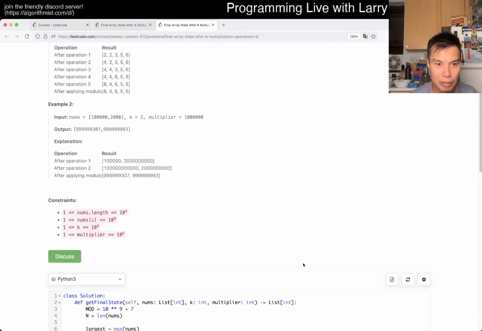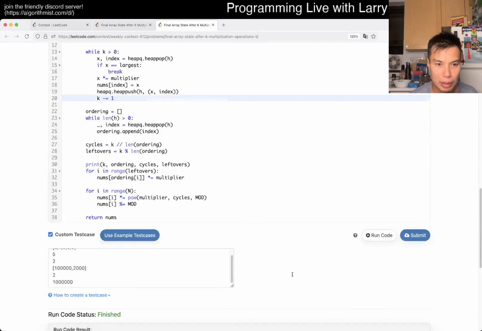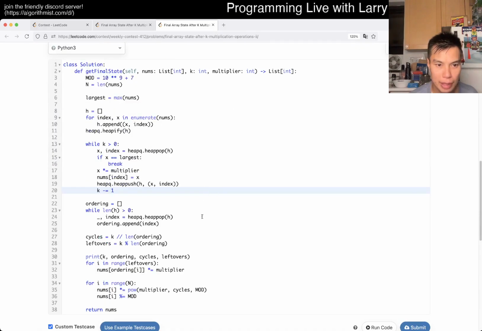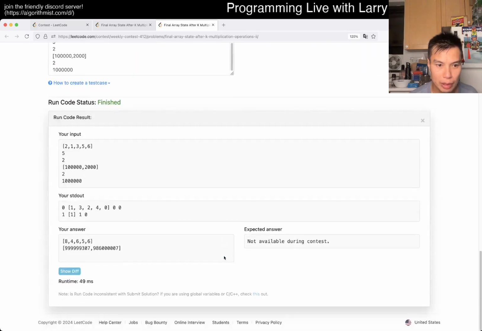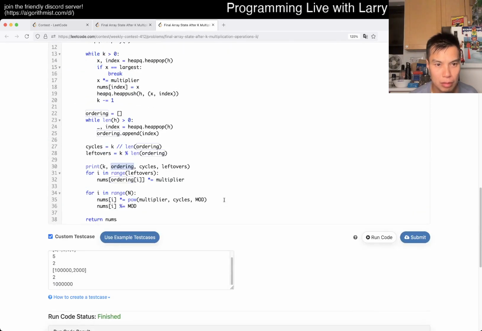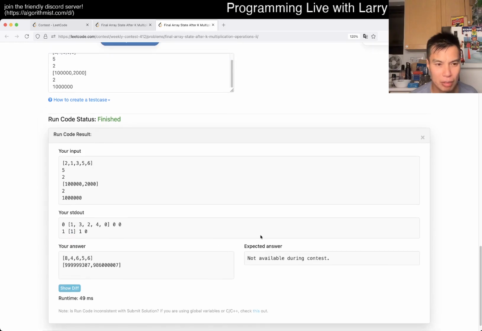Still wrong, but I think we're off by maybe a little bit. So we have K is equal to 1, ordering is... Ordering is off. It should be 1 and 0, so that's why this is off.